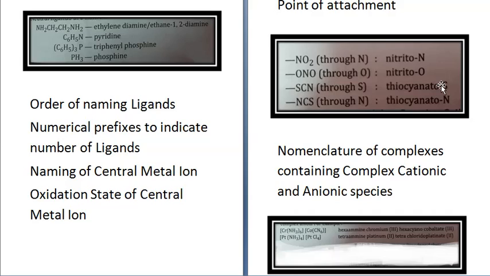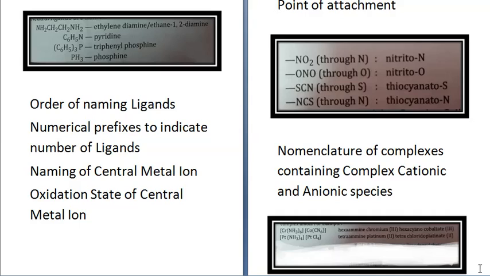Coordination compounds containing complex cations and anions are named by writing the name of the complex cation followed by the name of the complex anion. Example: [Cr(NH3)6][Co(CN)6]. It is called hexaamminechromium, oxidation state 3, hexacyanocobaltate, again oxidation state 3. So you first write the name of the complex cation followed by the name of the complex anion, and because it is an anion, so ATE.